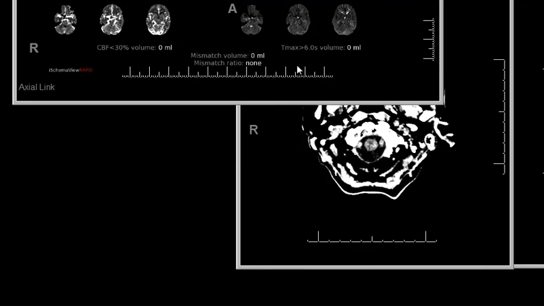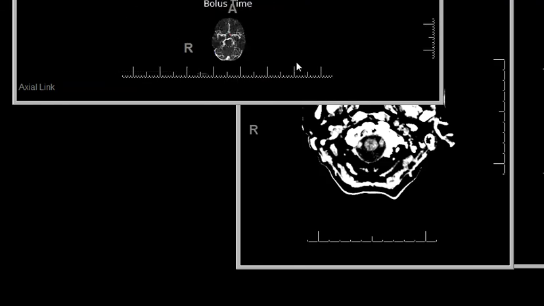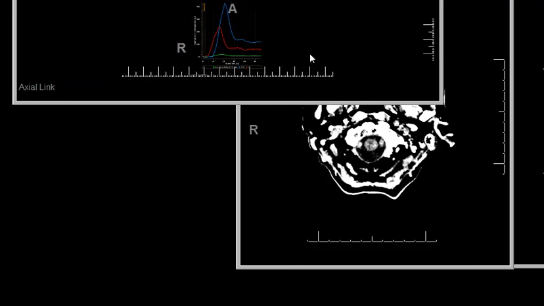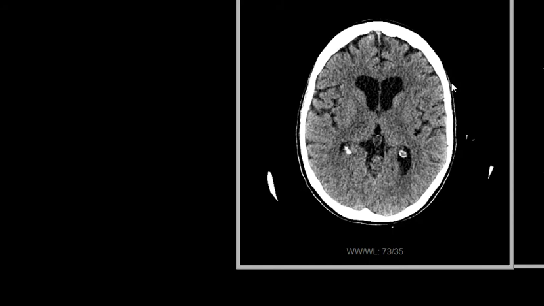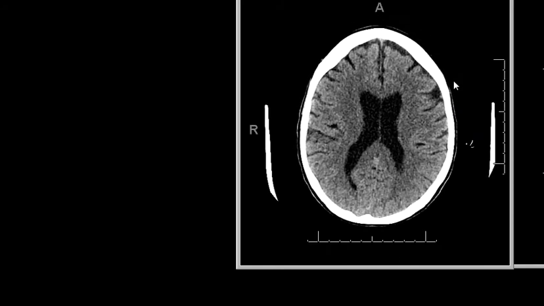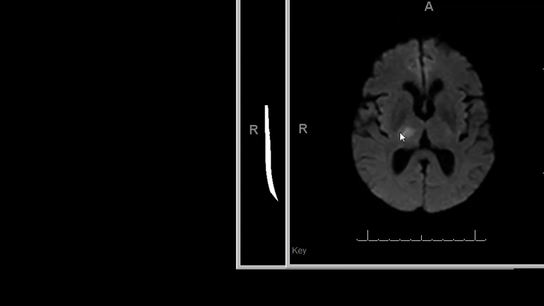This is another case, showed normal CT perfusion, good quality data, nothing on CT as a blood clot, nothing abnormal on CT. MR showed a subacute stroke in the internal capsule, posterior limb, probably symptomatic, extending to the thalamus.